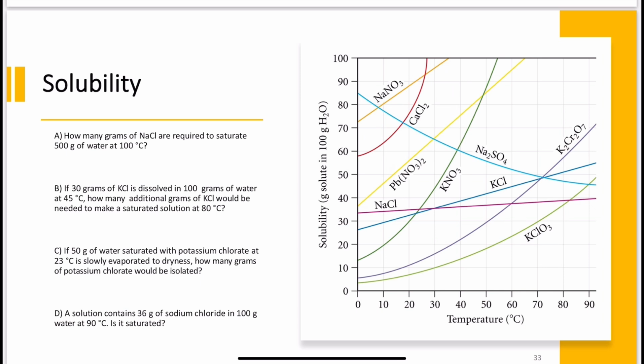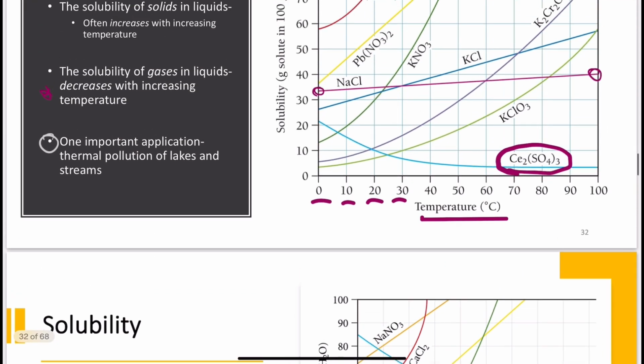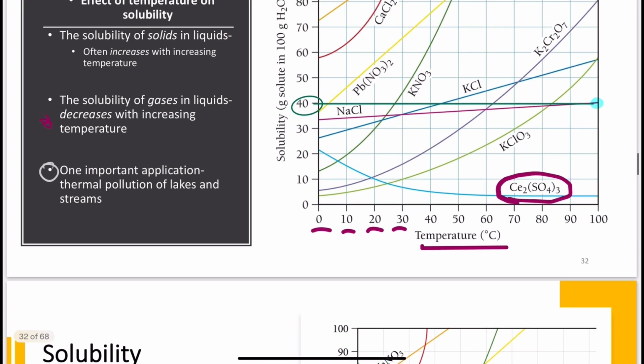So if I want to look at 100 degrees Celsius, of course sodium chloride is cut off at 100 degrees. So I'm going to slide back up to the previous slide just so we can look at this really quickly. If I look here at sodium chloride, 100 degrees, I can see that this is clearly requiring 40 grams of solute in 100 grams of water.